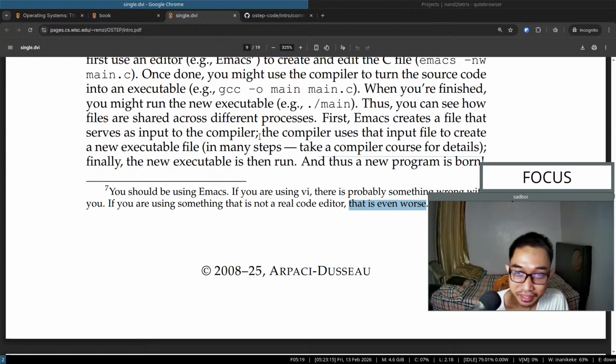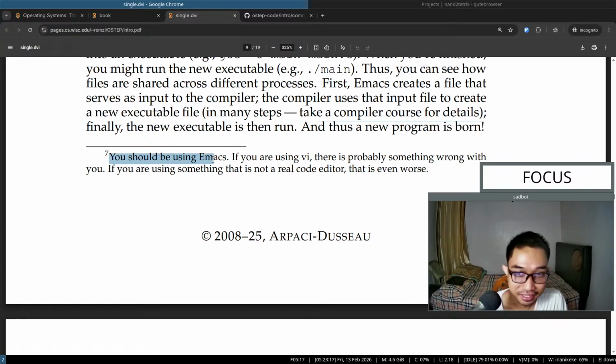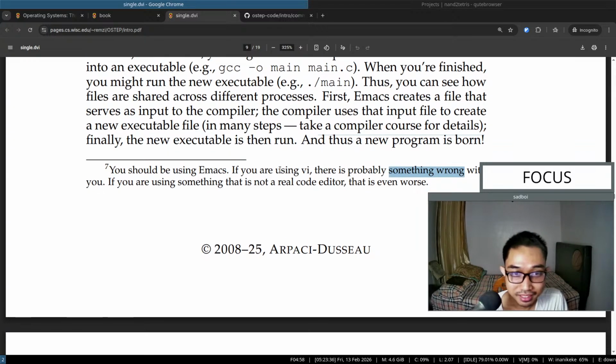Yeah, we should be using Emacs, everyone. If we are using VI or Vim, there is something wrong with us. Yeah, well, maybe there is something wrong with me, but I am fine with something wrong with myself.